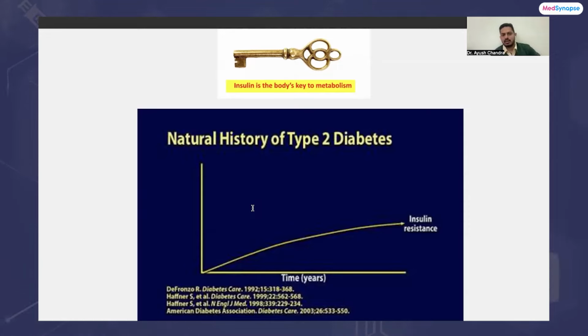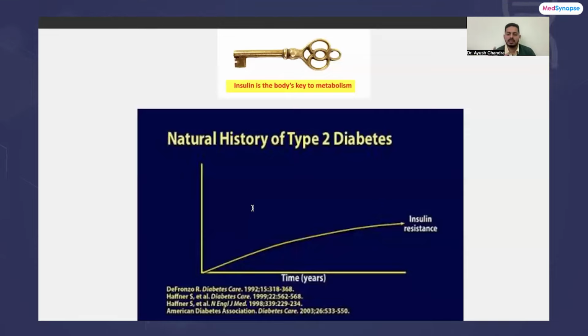So let's first understand how this mechanism works. Whenever a person eats something, it is converted into glucose, and that breakdown ultimately gives us energy. The glucose needs to enter various parts of the body through cells. But what happens in diabetes? There is insulin resistance.